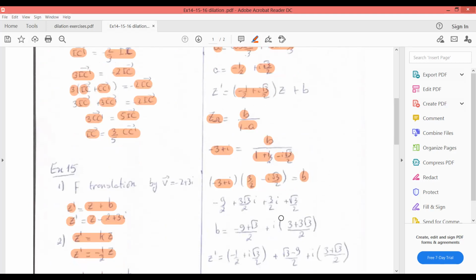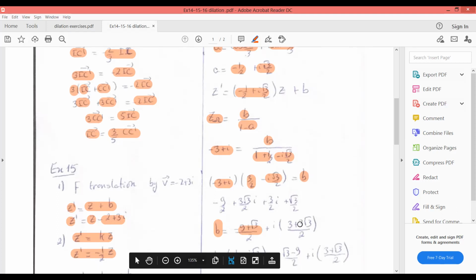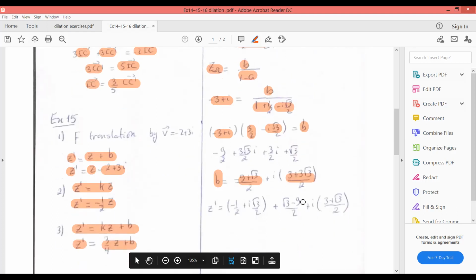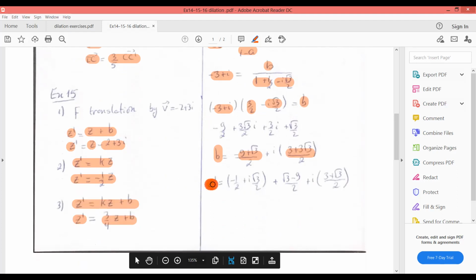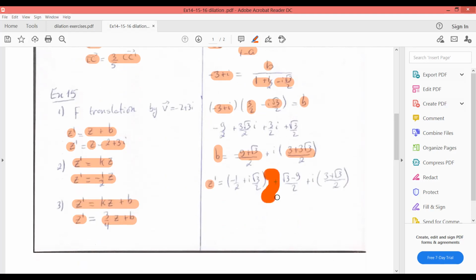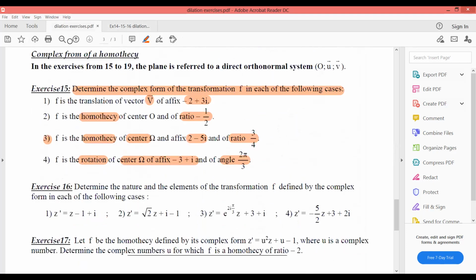Expanding, we get b equals minus 9 plus radical 3 over 2 plus i times 3 plus radical 3 over 2. So Z prime equals aZ plus b.